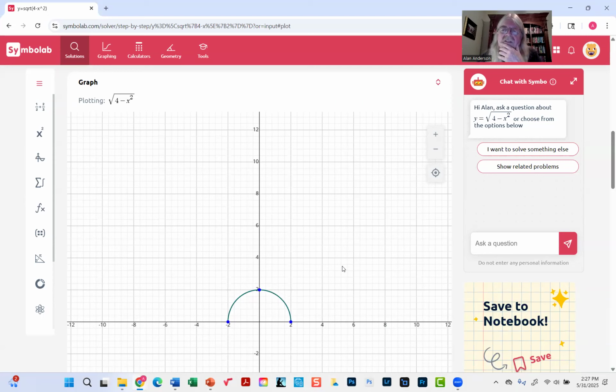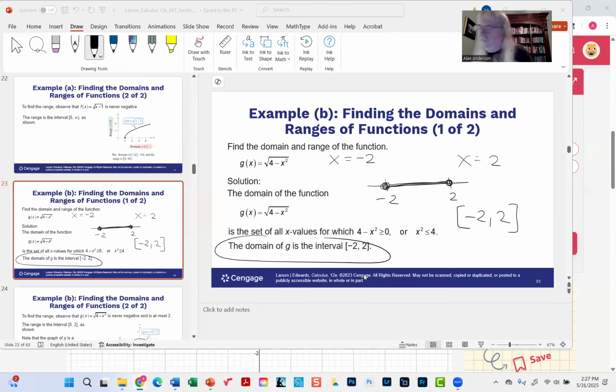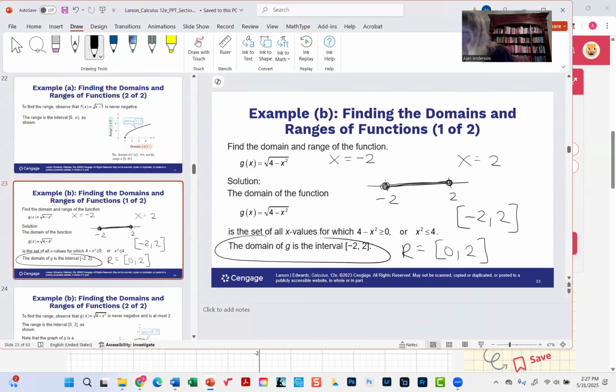It's a little semicircle, I guess you could call it, that's only defined over the interval from negative 2 to positive 2. And if x is 0, the function reaches its maximum value of 2. So the range, if they ask for it, would be everything from 0 to 2, including both endpoints.